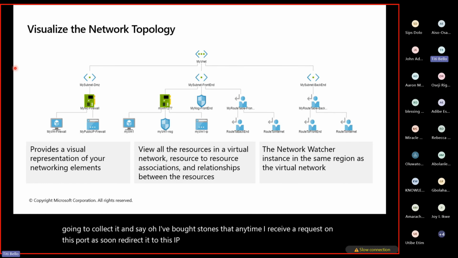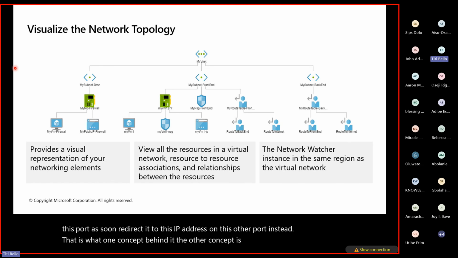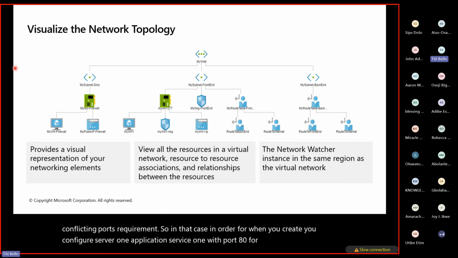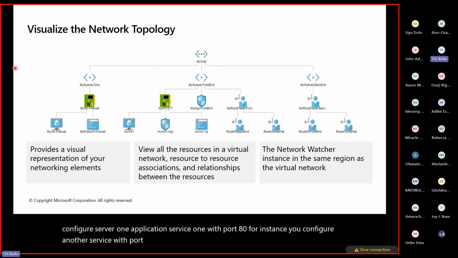The other concept is you have services that have conflicting port requirements. When you configure service one with port 80, for instance, and you configure another service with port 80, and they all have to pass through the same firewall, through the same IP address, you cannot do that.